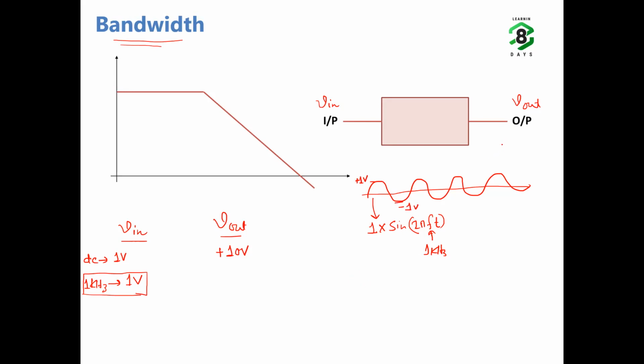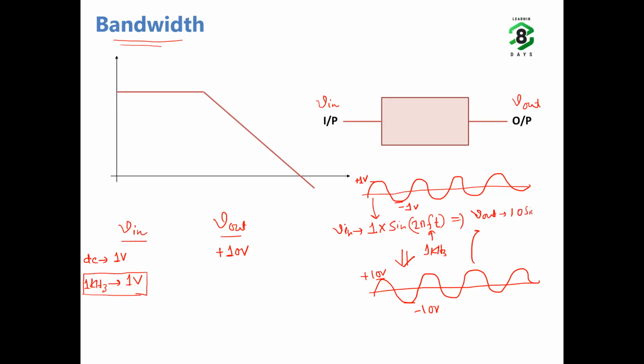And again we observed how the output behaves. In this case also, let's say we observe the output is still plus minus 10 volt. This is my V in, and from there I got this V out, which is 10 sine 2 pi f t, where f is 1 kilohertz.